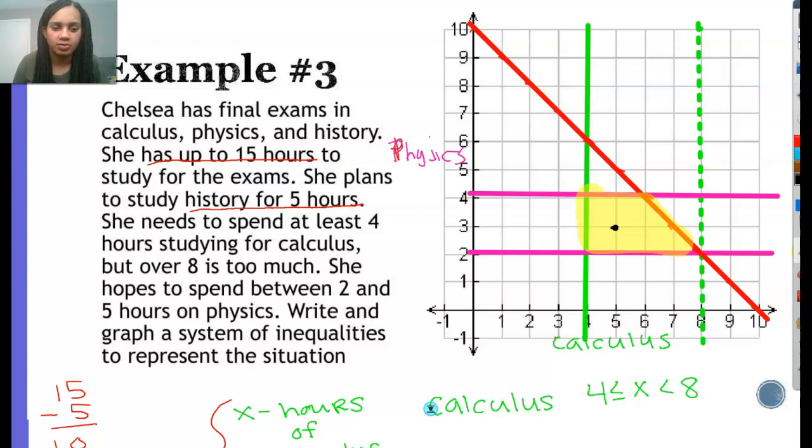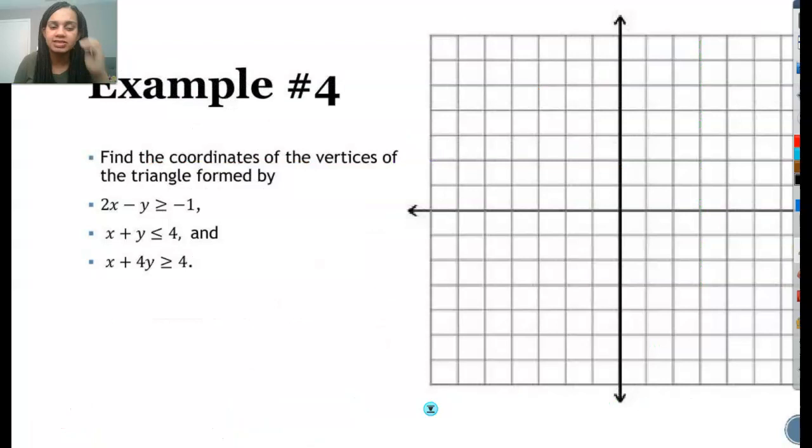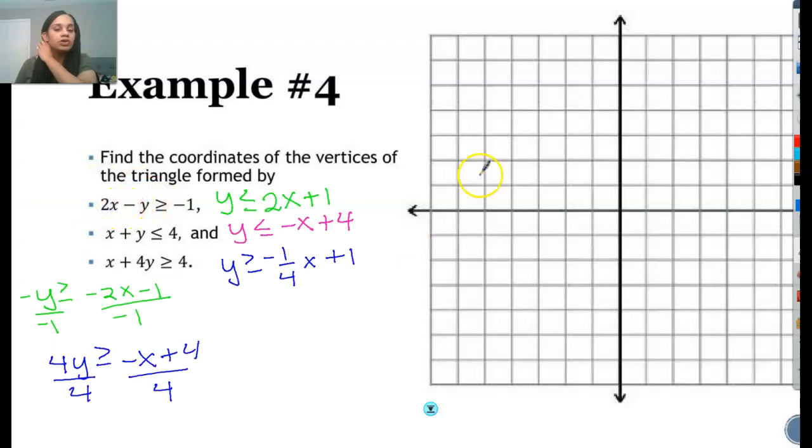And let's look at one more example. This last one, we're going to find the coordinates of the vertices of this triangle that's formed. So what I'm going to do first is get all three of these into slope form. The question is asking us to find the coordinates of the vertices of the triangle formed by these equations.